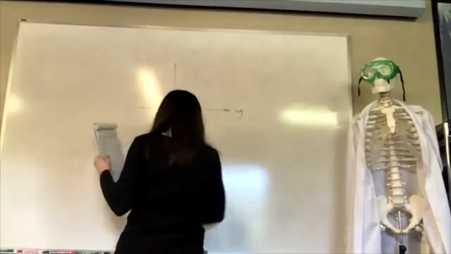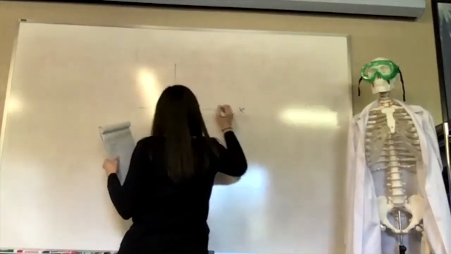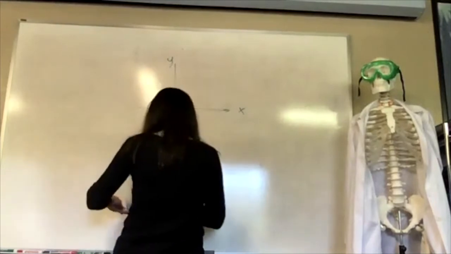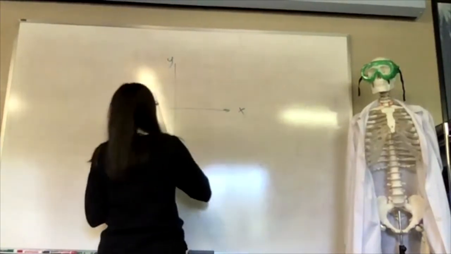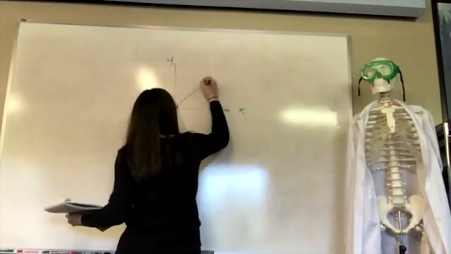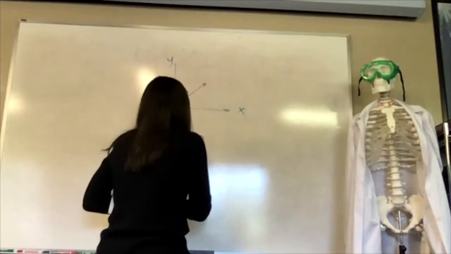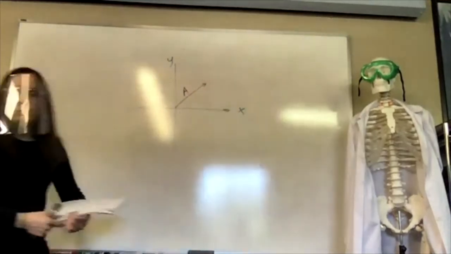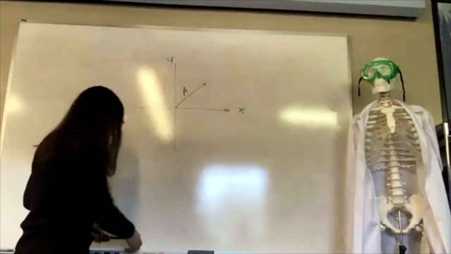Sorry, reverse the axes there. So you have the x-axis, you have the y-axis. And if you were to have this vector right here, vector A, vector A has 2 components to it. It has an upward vertical component and a horizontal component.